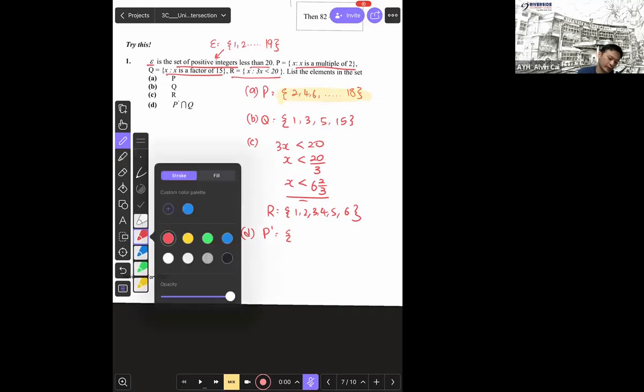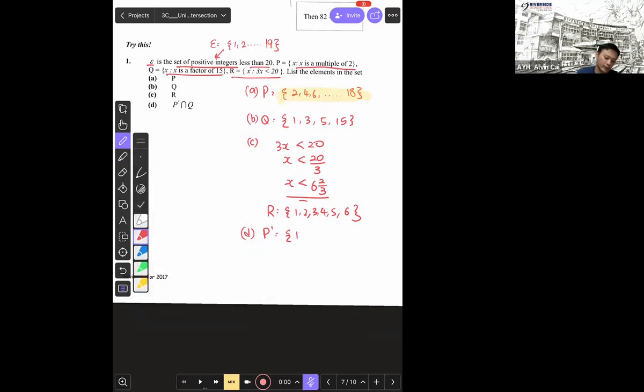So therefore, P complement will be the odd numbers, 1, 3, 5, all the way until 19. Okay, and Q, if I list it down again, is 1, 3, 5, and 15.